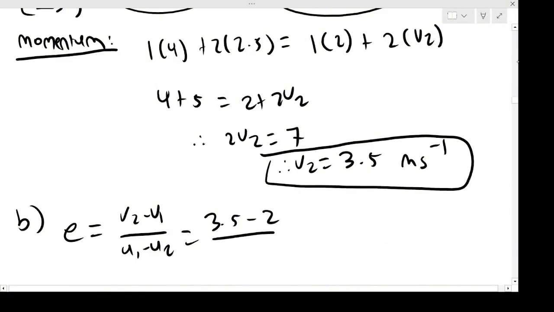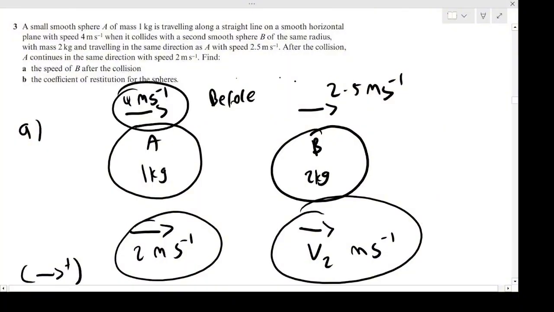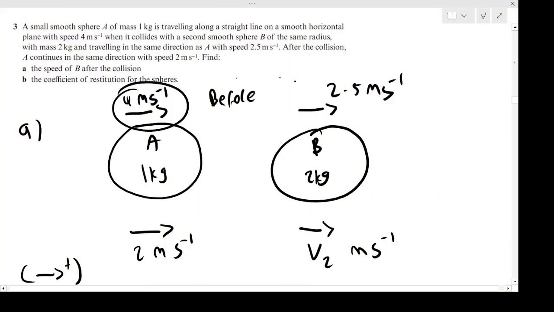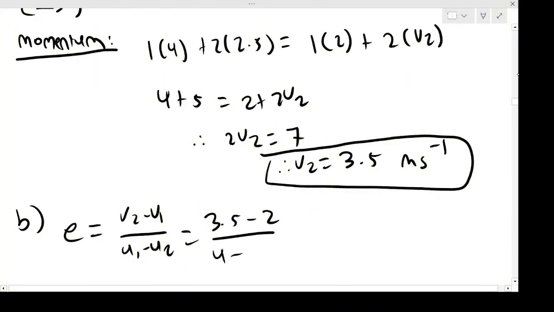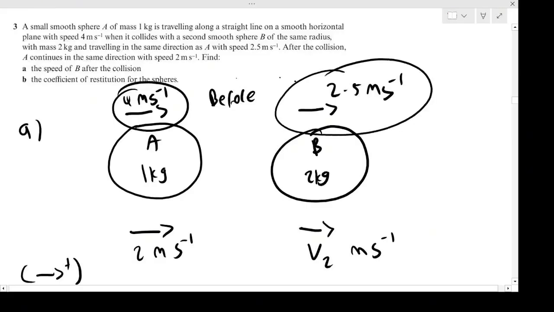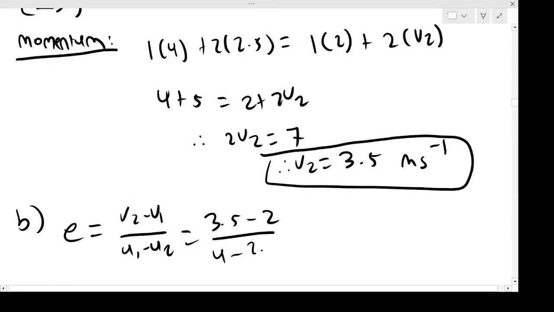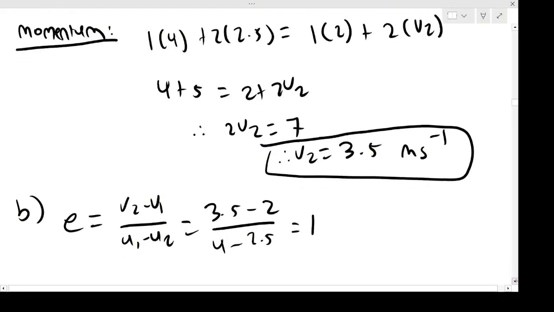And then U1, that's going to be 4, take away 2.5. Okay, and so there we are. We calculate this. We get 1. Okay, E is exactly 1 there.